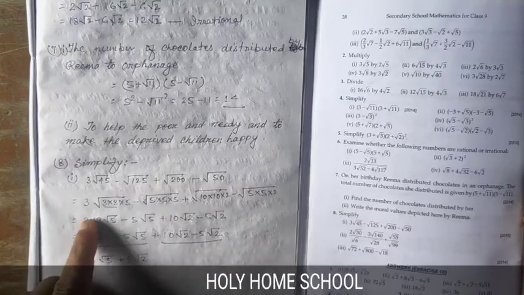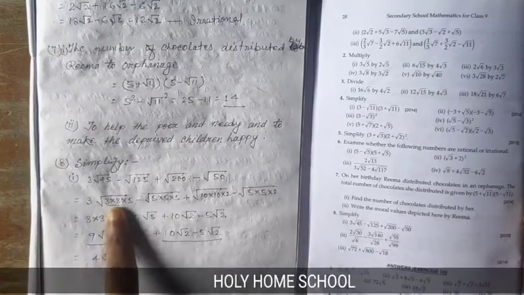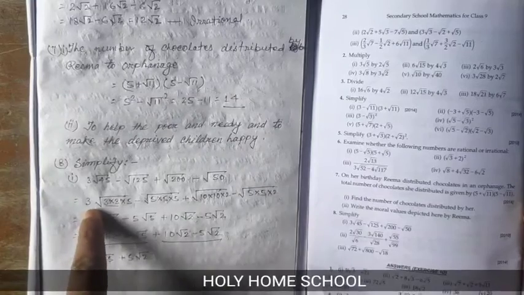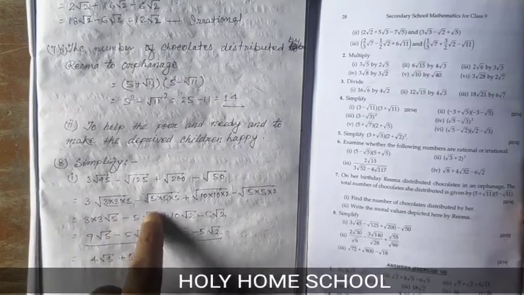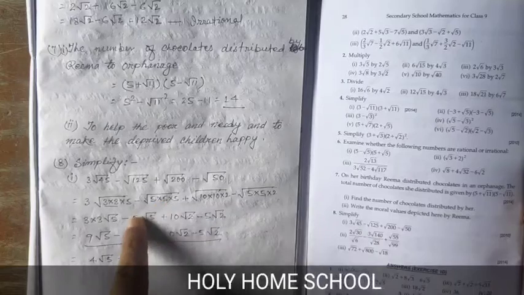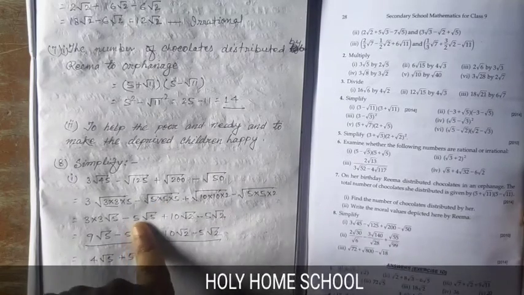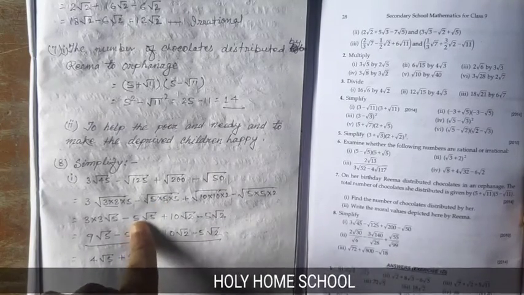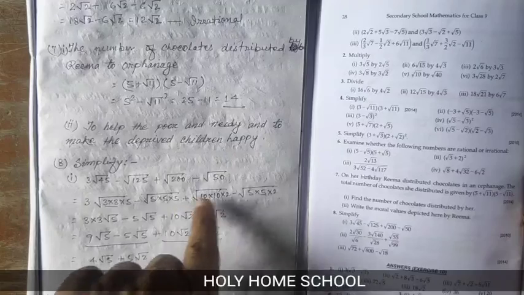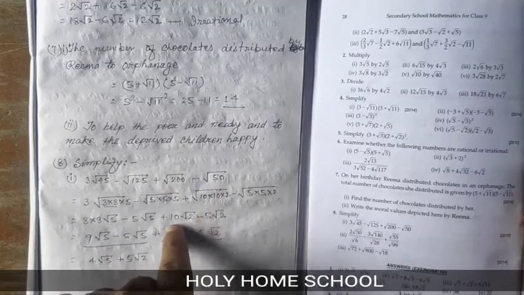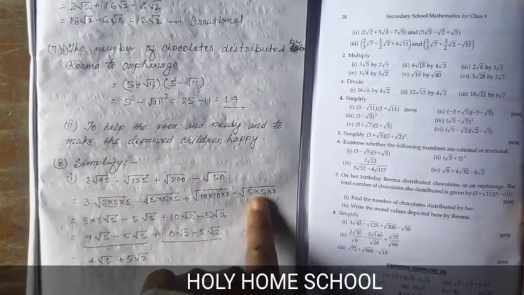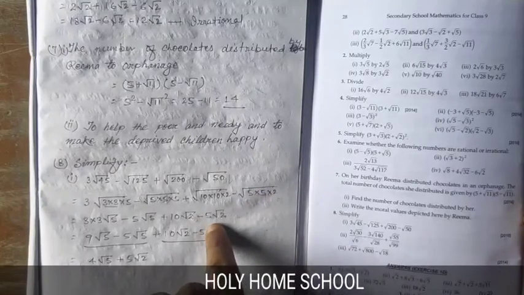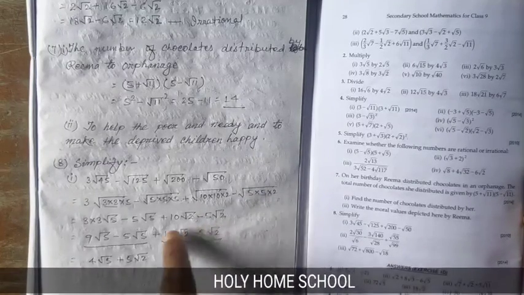Here see double 3, it means 3 multiply 3, and root 5 remains. From double 5 we take 5 out of the square root, that will be 5 root 5. Same as double 10, root 2 here, and same as double 5 gives minus 5 root 2.